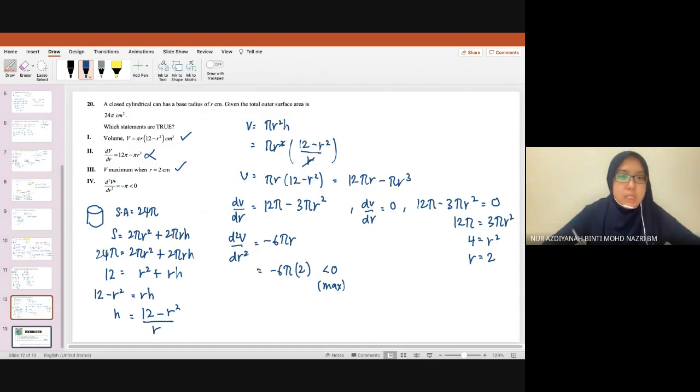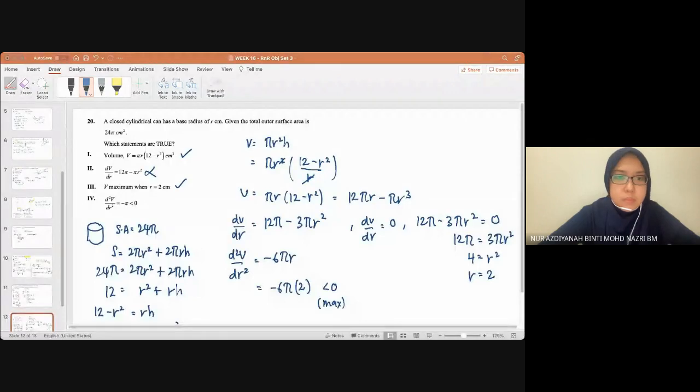And then the second derivative, dia kata ada value ke ni? Second derivative when r equals to 2. Ada tertinggal salin soalan ke? Sekejap. Okay, negative pi. Dia tak bagi tahu, d squared v equals to negative pi.